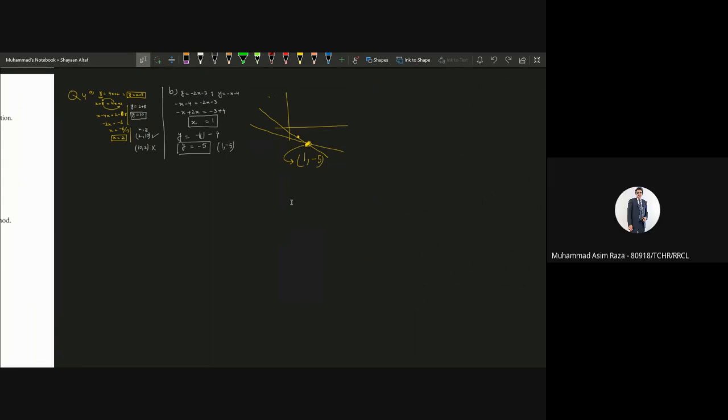So you can say that this line was representing y is equal to -2x -3, and this line was representing y is equal to -x -4.